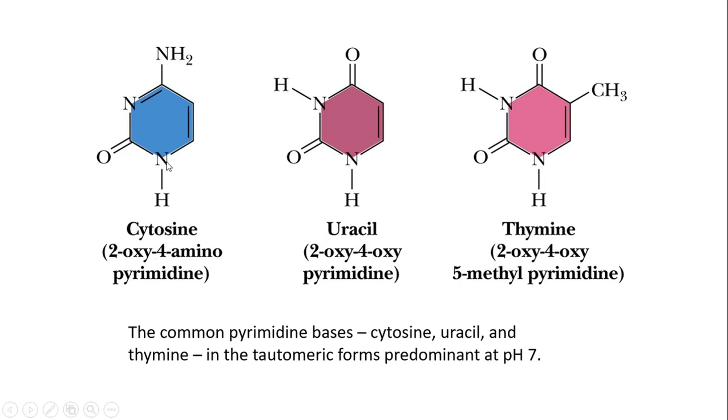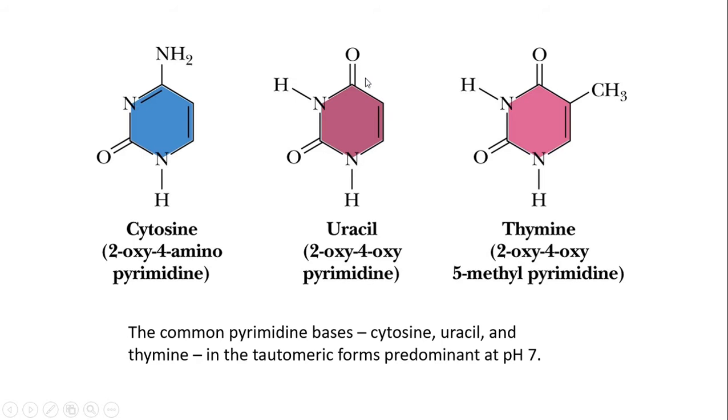Remember, the numbering system begins here. So we have the 1 position. So we have 2 oxy, that carbonyl group, 4 amino, where we have an amino group. So cytosine is 2 oxy 4 amino pyrimidine. Uracil, on the other hand, only differs in the 4th position. We still have the 2 oxy, but that amino group is substituted with the carbonyl group.